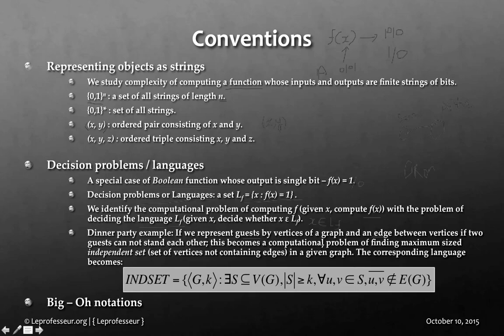Now this becomes a computational problem of finding the maximum sized independent set. Remember this, maximum sized independent set. So here we found only one element in this set, that is Ron, who is not joining with Sam and Alicia, because Sam and Alicia don't stand together, so you don't want to invite them.